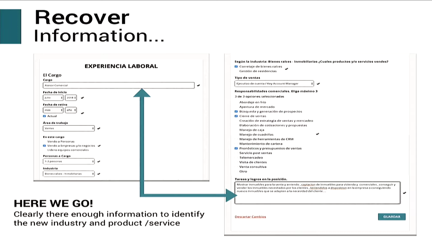Okay, but then how can we recover, for example, for all the previous candidates whether they had selected bienes raíces or not? Well, looking at the textual fields like cargo and tareas y logros, we can extrapolate some information.